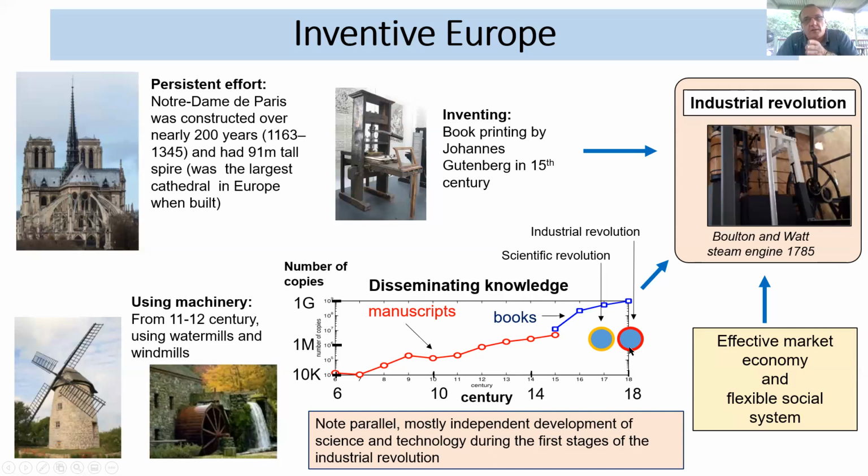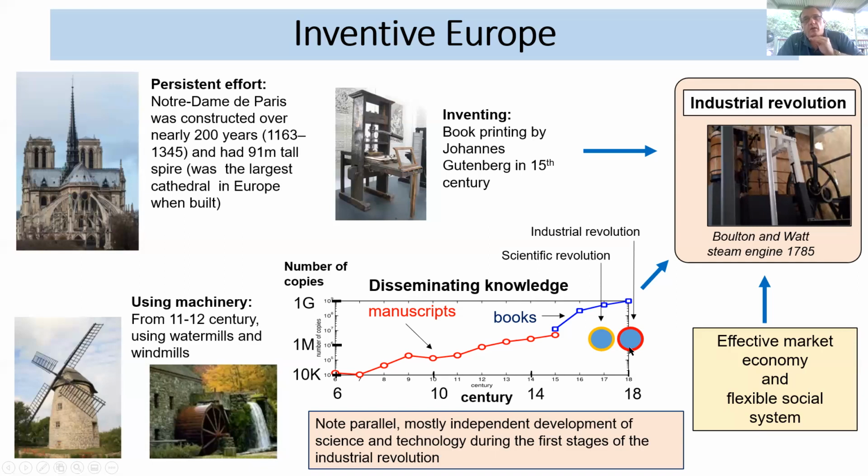It's quite similar to the patterns we might observe in Chinese society. They invented printing books early, and a couple of centuries after that, they approached, although didn't achieve, the Industrial Revolution.